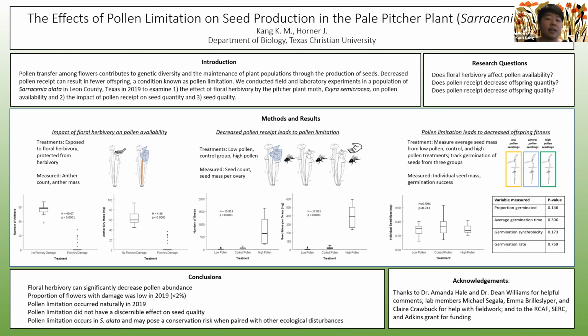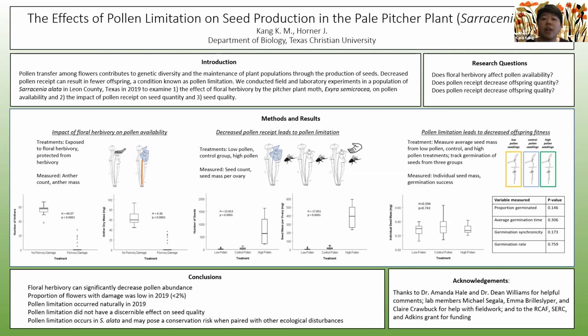So in the fall, we collected seeds from these three treatment groups, and we measured both the number of seeds each ovary produced and also the total mass of seeds per ovary. And as you can see in our results, there was pollen limitation in the year 2019 when we did our study. Our control group much more closely resembles our low pollen group than our high pollen group. So our high pollen treatment had produced significantly more seeds than either our low pollen or our control pollen group.